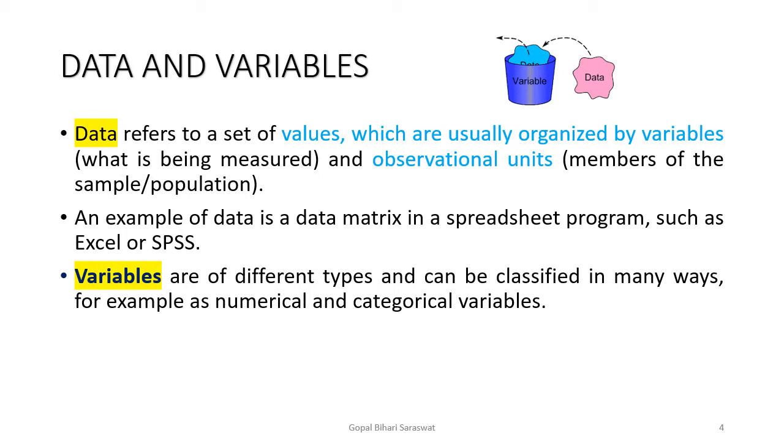An example of a data matrix is an Excel sheet or the SPSS database. Variables, on the other hand, are of different types and can be classified in many ways. They can be numerical, categorical, etc.